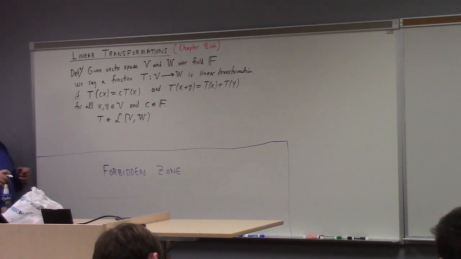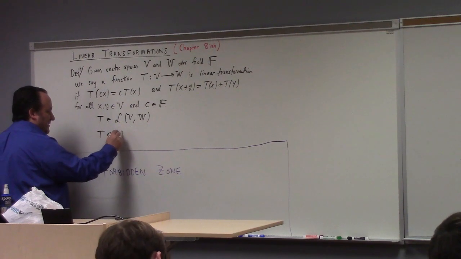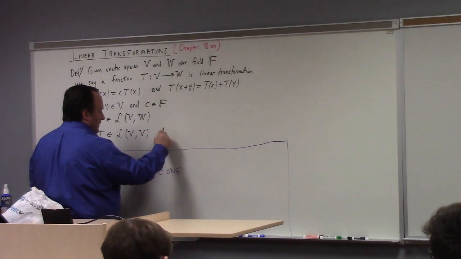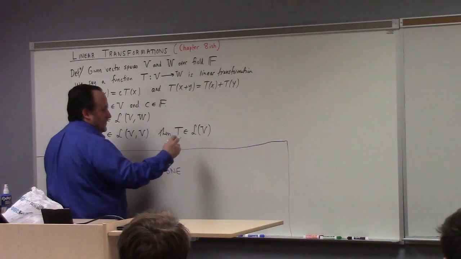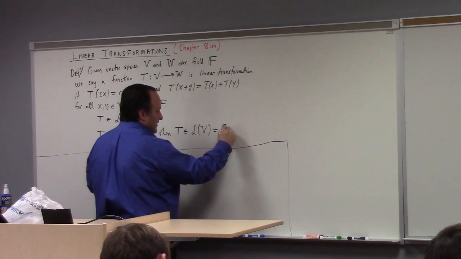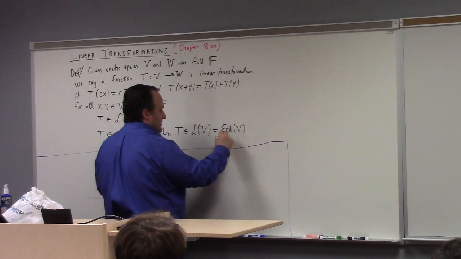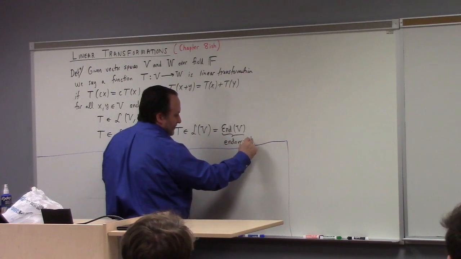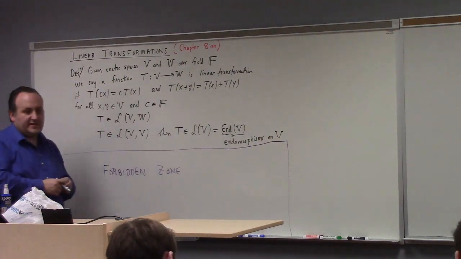T is a linear transformation from V to W. Another language you might talk about is that if T is an element of linear transformations from V to V, then you can just say that T is an element of linear transformations on V. And sometimes that's also denoted End V. This is the set of what are called endomorphisms on V, linear transformations from a vector space to itself.